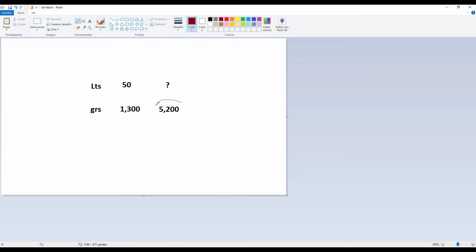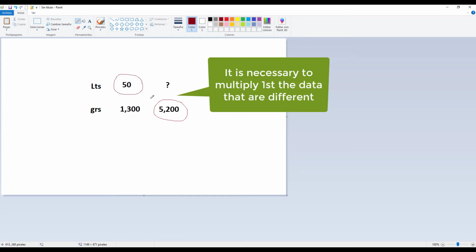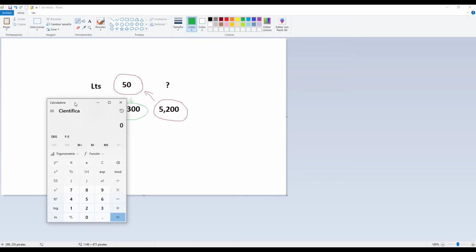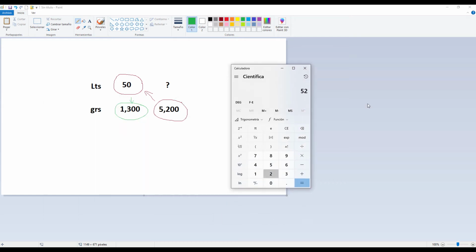For example, this data is alone. You need to multiply here, and the result of that operation you need to divide by the last quantity. So here times 50 divided by, so this is the answer here.